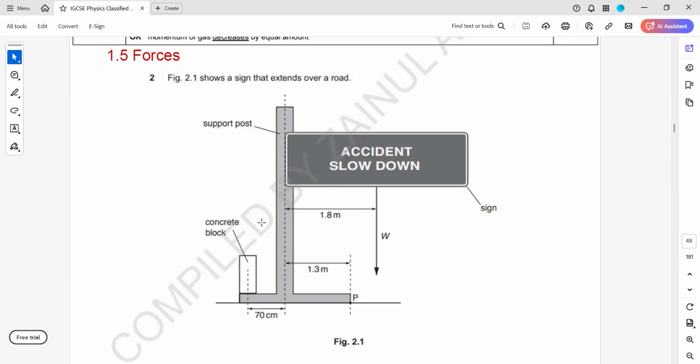And distances are also given, the force, the weight is also given. Now, it will switch on in a few minutes.